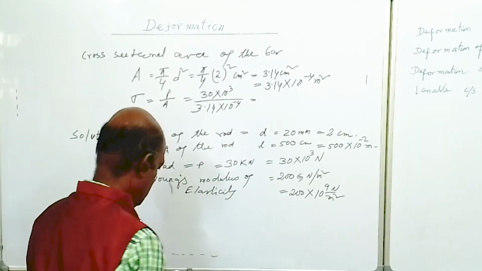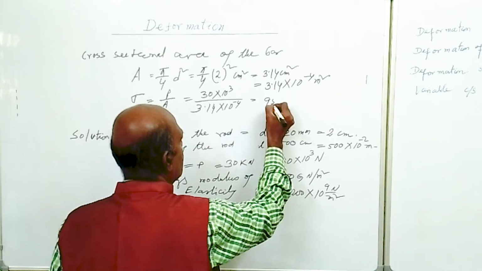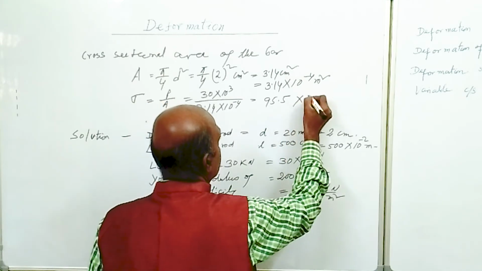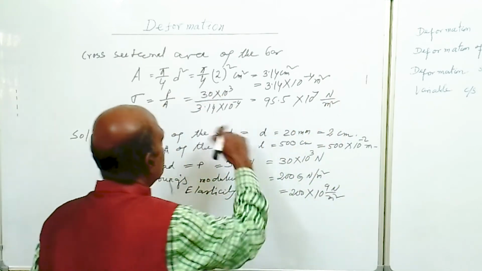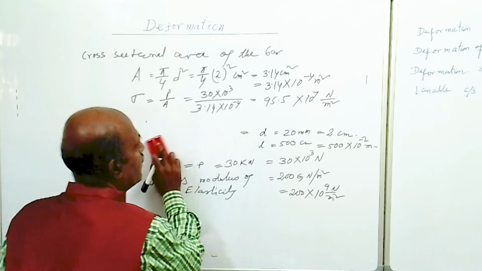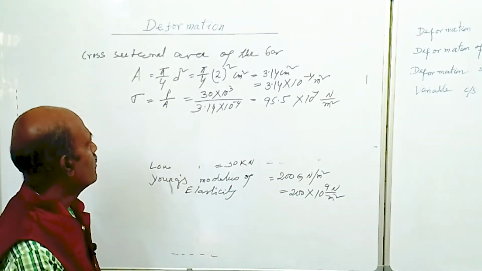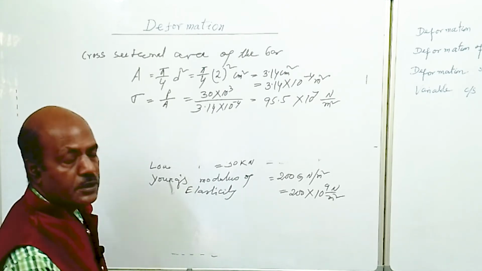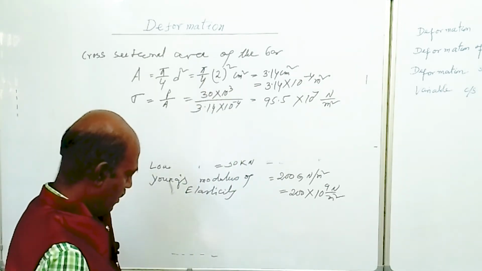It comes to 95.5 into 10 to the power 7 Newton per meter square. So that is the stress developed in the bar, or intensity of stress. That is the solution of question number 1.